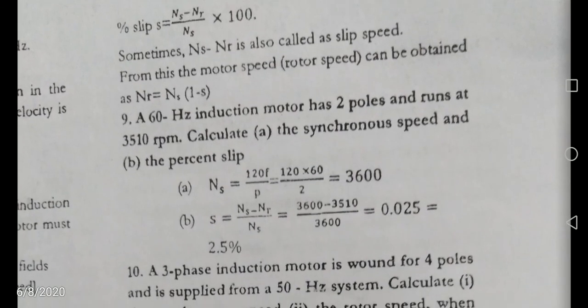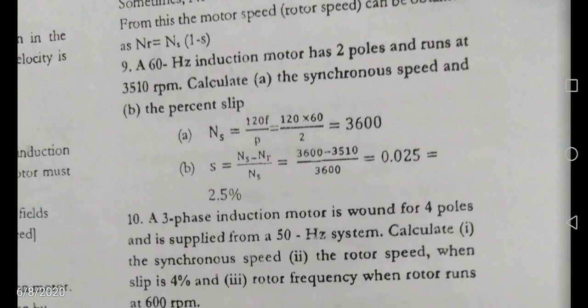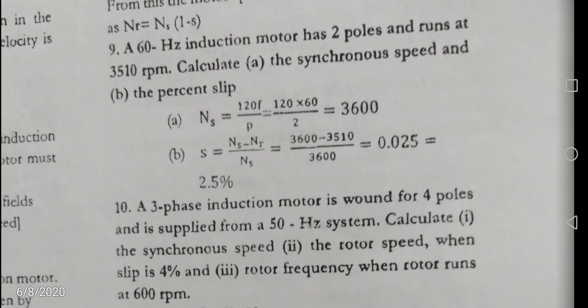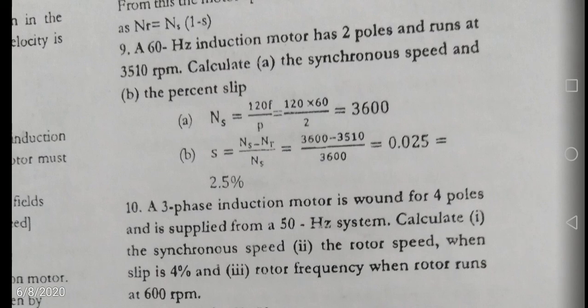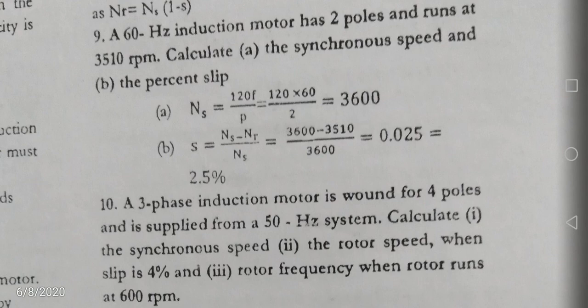into 100. So 9th question: a 60 Hz induction motor has 2 poles and runs at 3510 rpm. Calculate the synchronous speed and the percentage slip. So Ns equals 120 f by p, 120 into 60 by 2, that equals 3600 rpm.